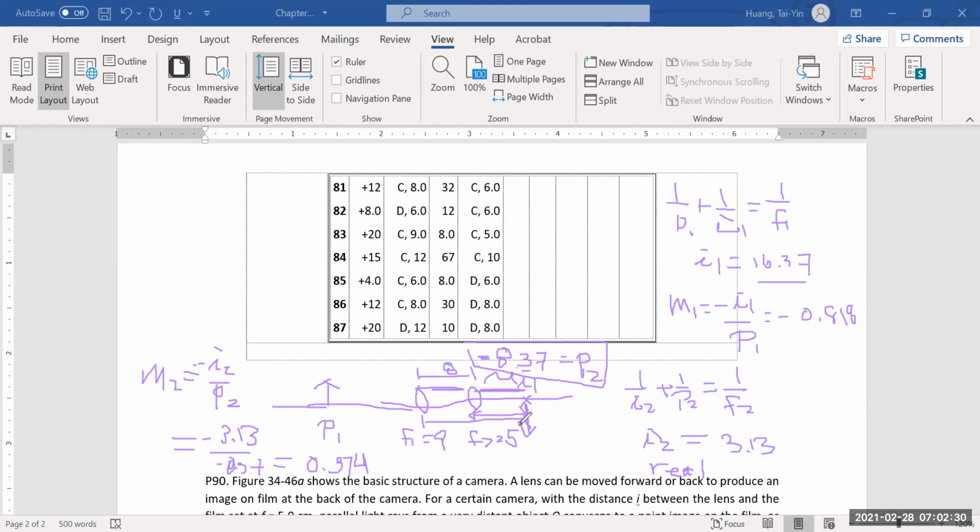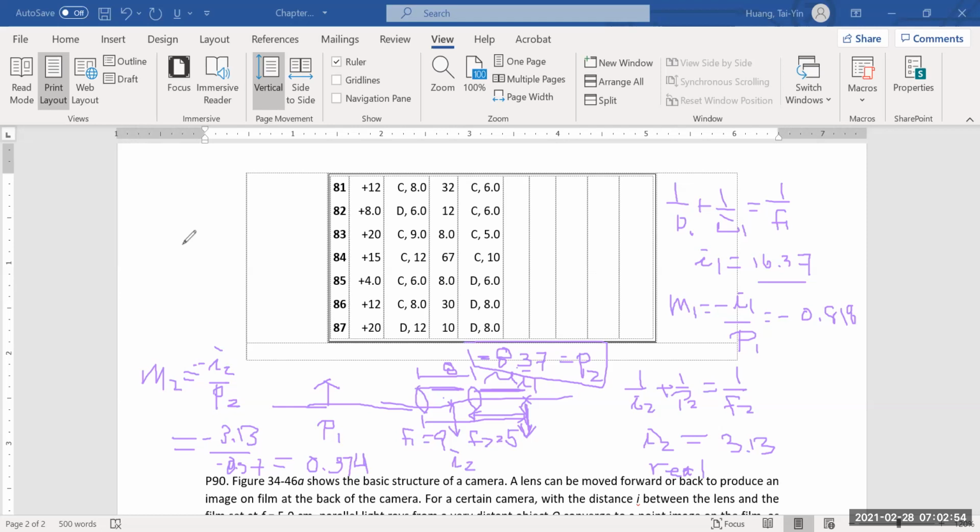The object is this, this is your P2, so your I2 will have the same orientation as that. And because it's a real image, it has to be on the opposite side from where the object is. So your I2 will be somewhere here. That is your final image, which is located between the two lenses.